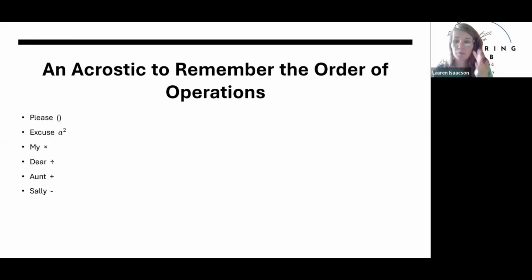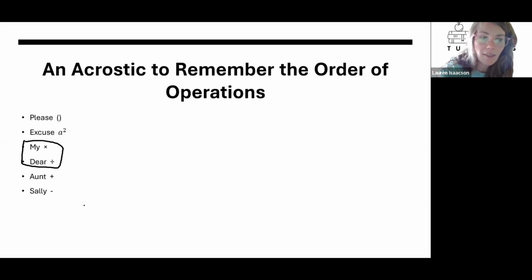Now, you just have to remember that your P is the parentheses, E is exponents, the M is multiply, D divide, A add, and S subtract. Okay. And remember, it's very important that you do not forget that these two, you're doing left to right, multiply and divide, and then add and subtract left to right.